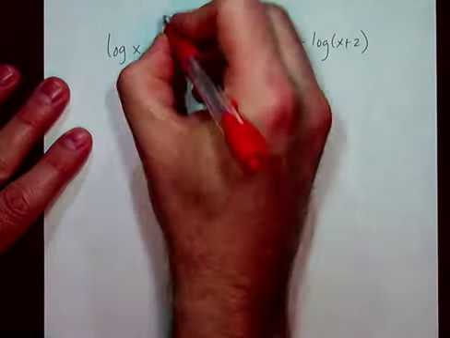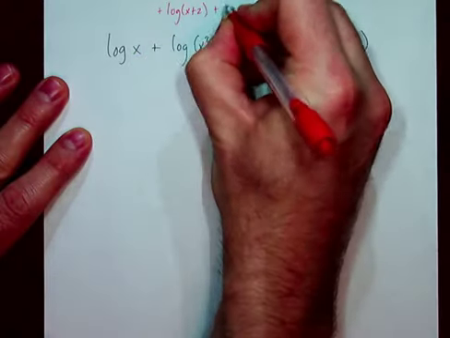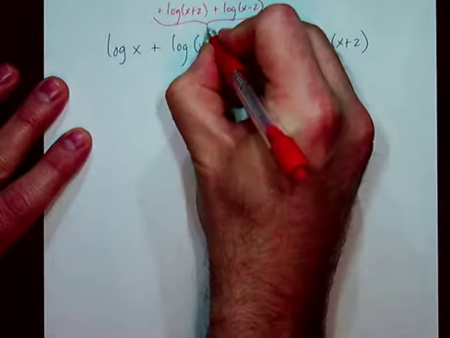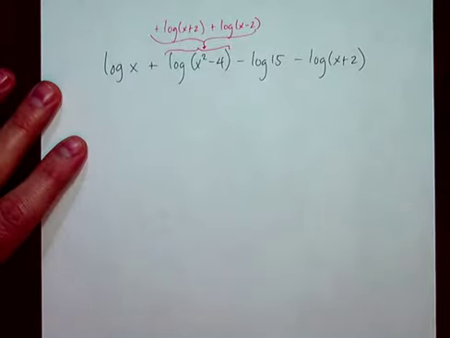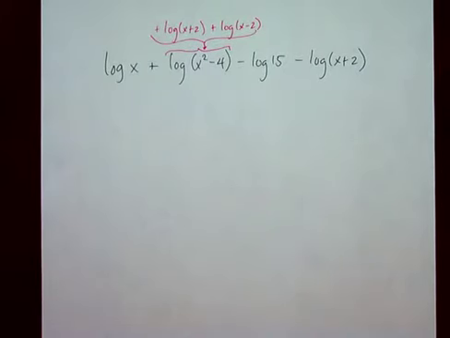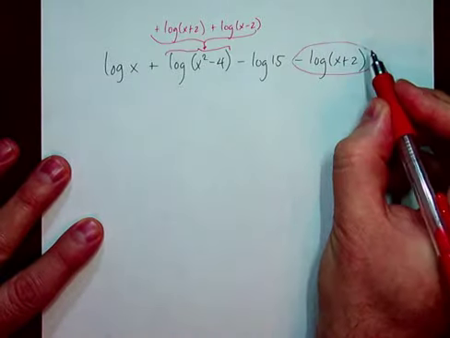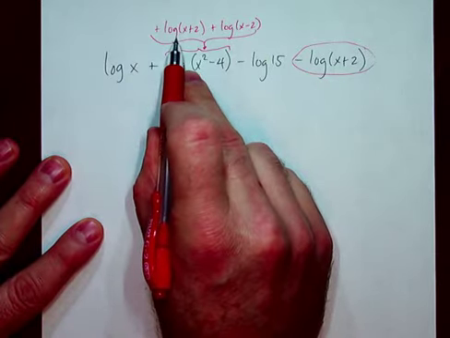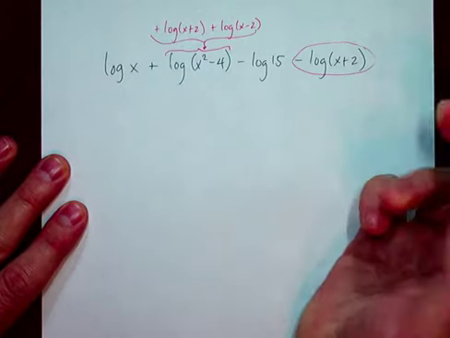You should recognize that it's log of x plus 2 and log of x minus 2, right? These two basically go into that logarithm. That wouldn't actually be necessary to recognize, except this right here cancels with this right here, and that's probably a pretty good thing to do before you ever even get started, okay?